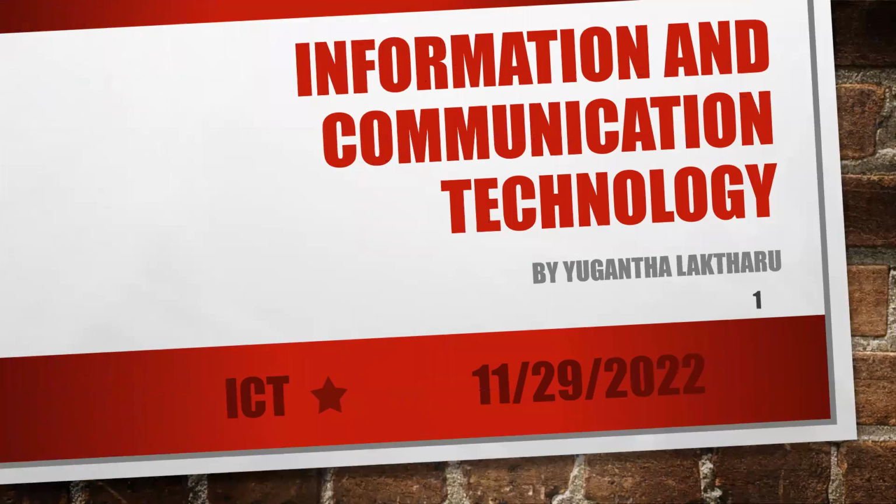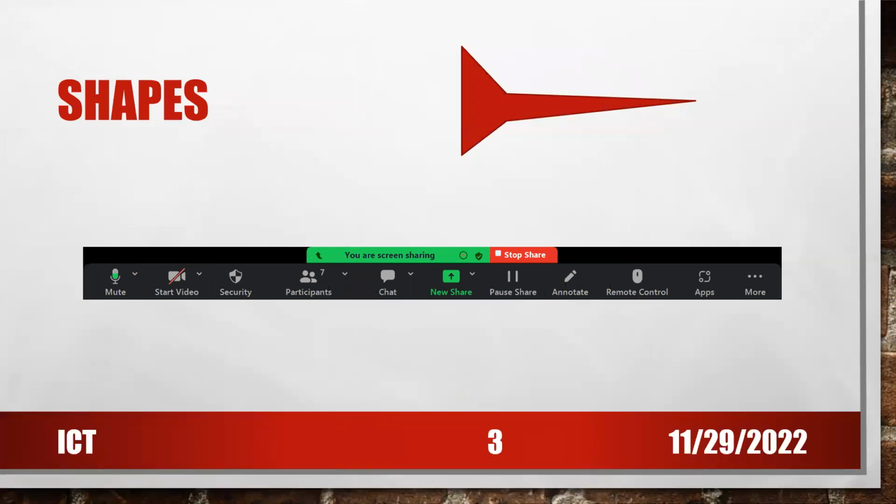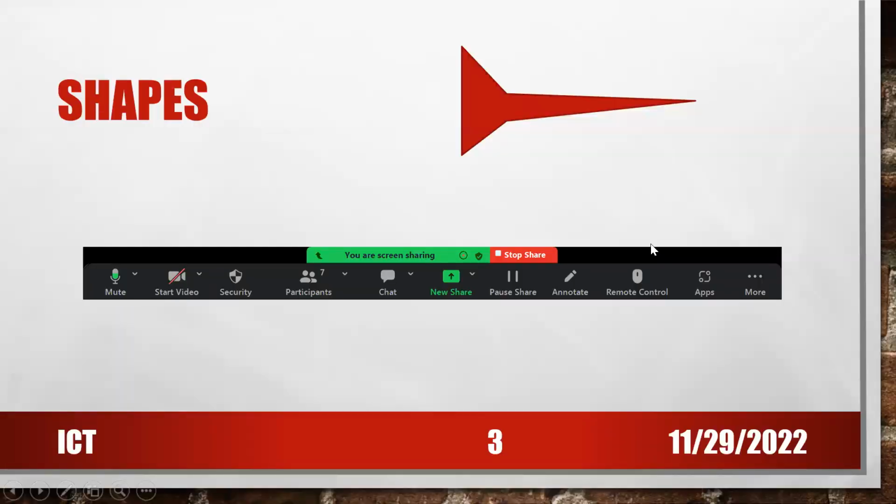See, now it is slower than the earlier time. And if you want to have it in a quicker manner, you can just reduce the time. I reduce it to 1 second, so it will just happen like that.